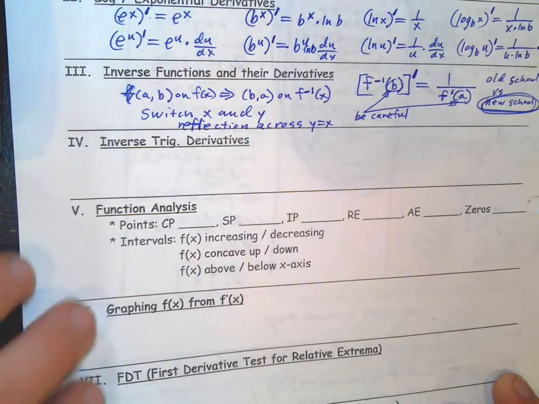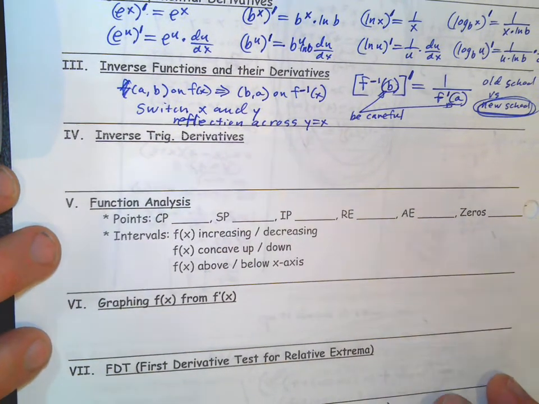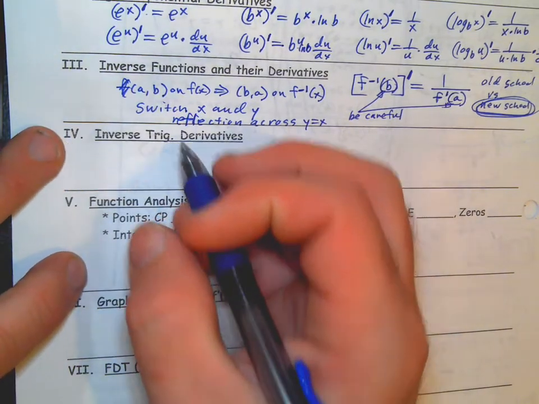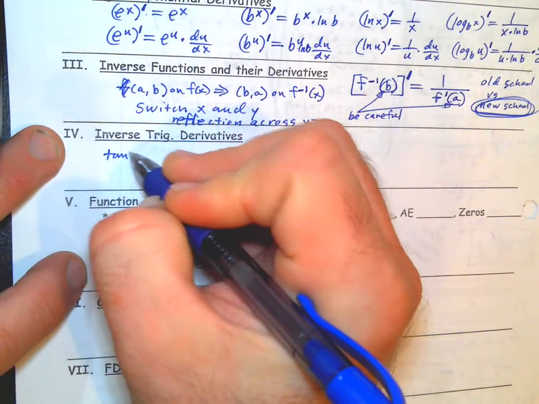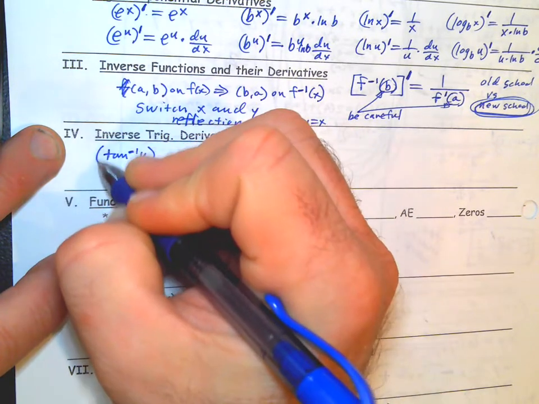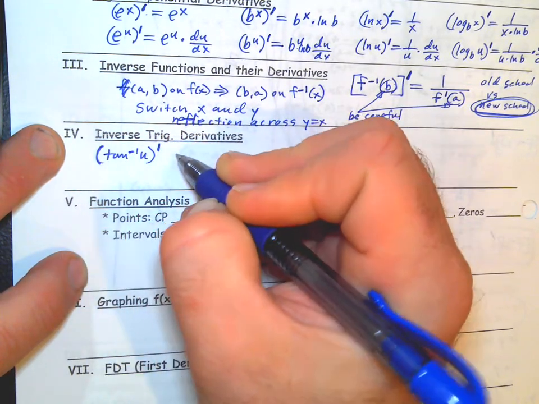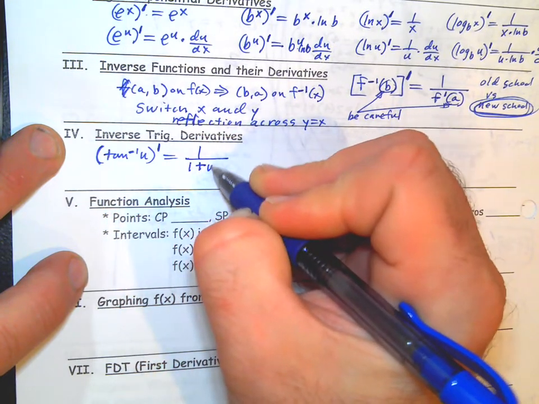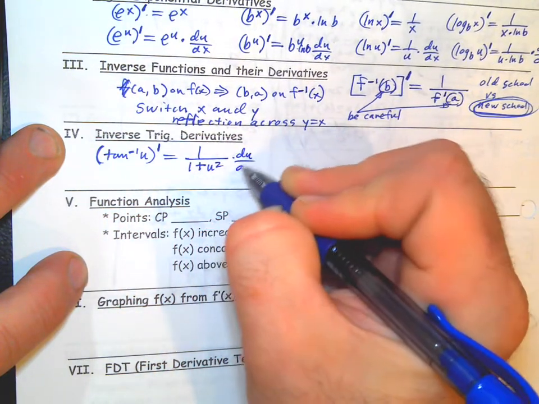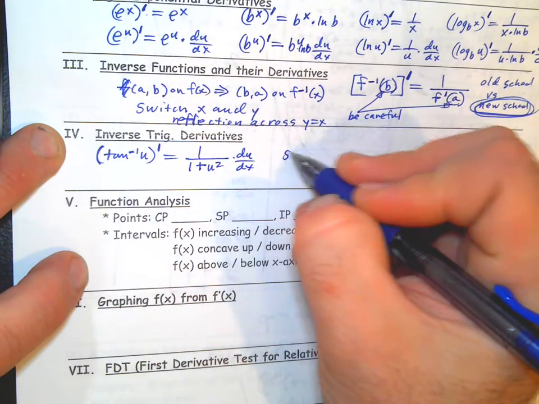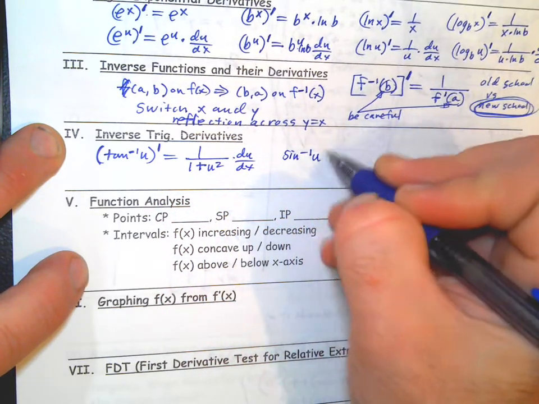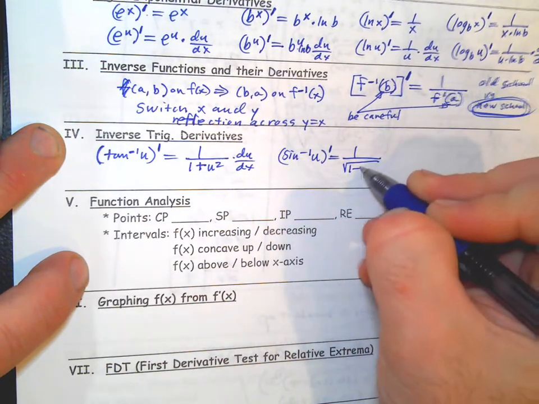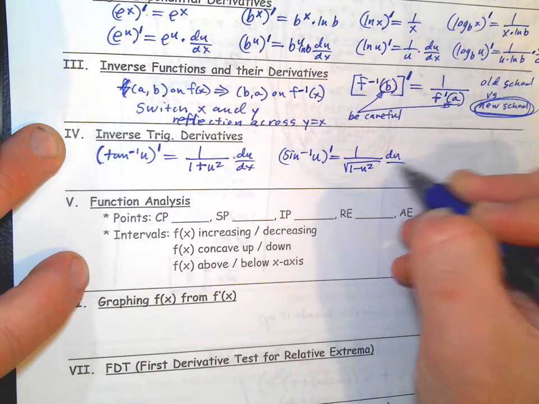Okay, inverse trig derivatives. I haven't talked about them yet necessarily, but I'll put them on here. We're going to talk about these in another lesson. The derivative of inverse tan is 1 over 1 plus u squared times du/dx. And the derivative of inverse sine is 1 over the square root of 1 minus u squared times du/dx.